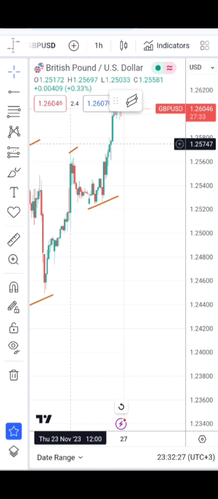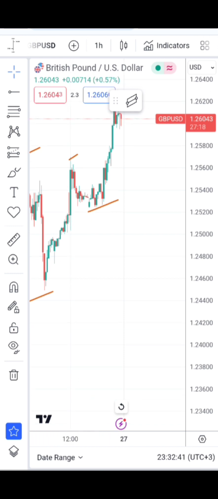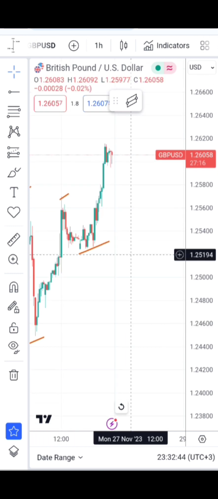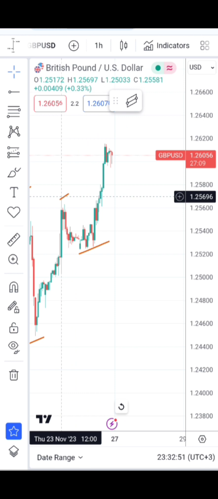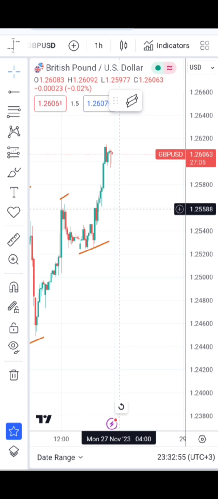It violated the 1.25377, rather 1.25697 high, creating a new high. So currently the market is above the 1.25697 high. So we say GBPUSD is bullish based on market structure.